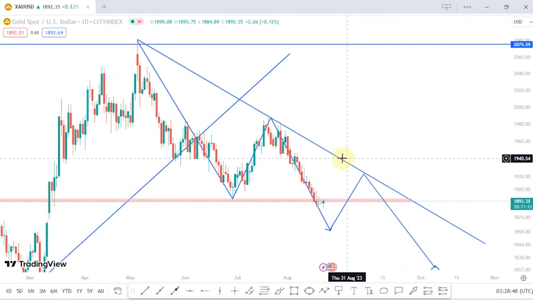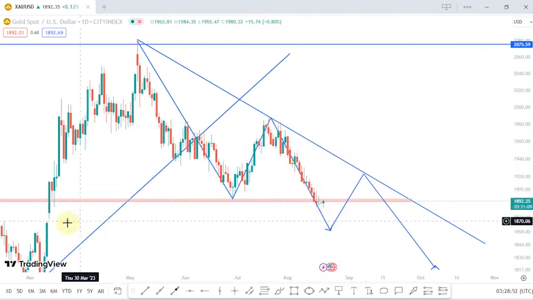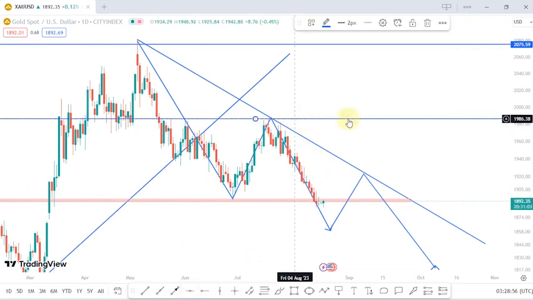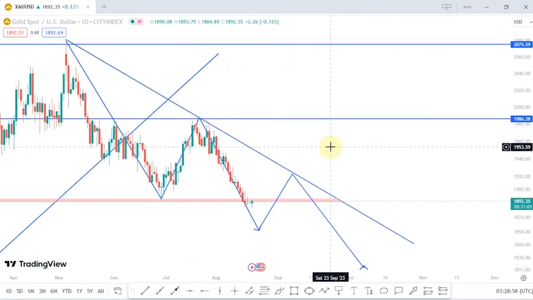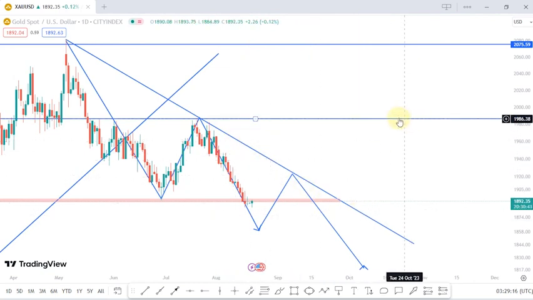And don't forget, while all these things are happening, gold could also come back to this level. It's very, very possible. But before this can happen, gold has to overcome this trend line before it will go up to this level.